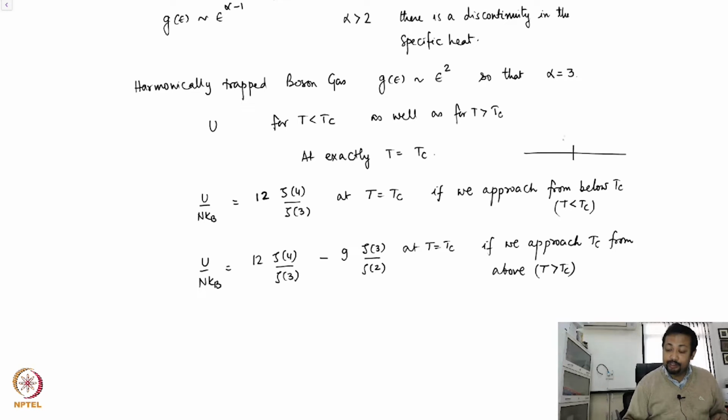So you have the critical temperature over here, and you can approach the critical temperature from temperatures below Tc as well as from above, and you see that there is a, oops, this is not going to be U, this is going to be the specific heat, if I recall.